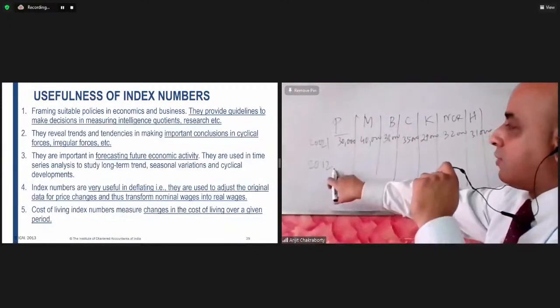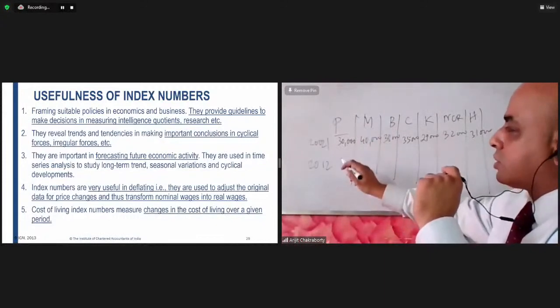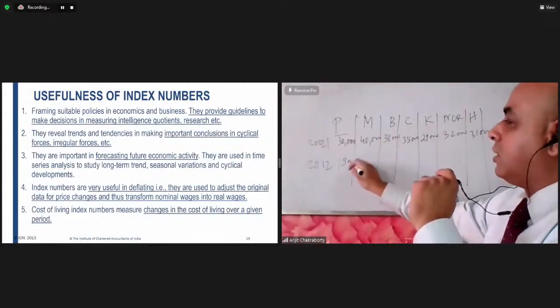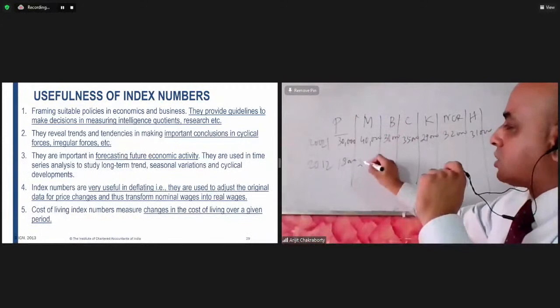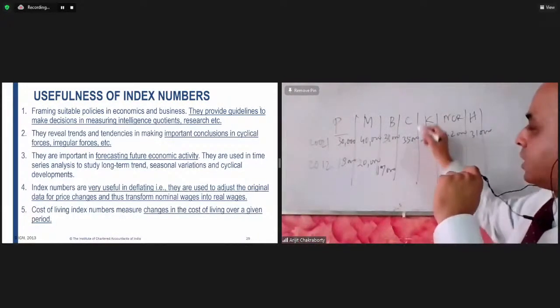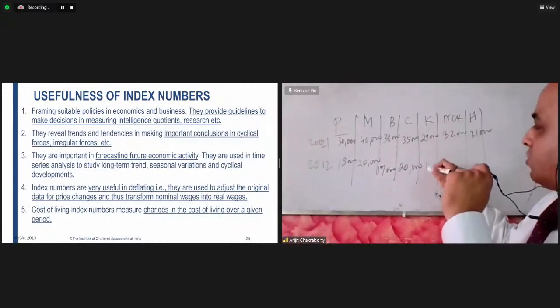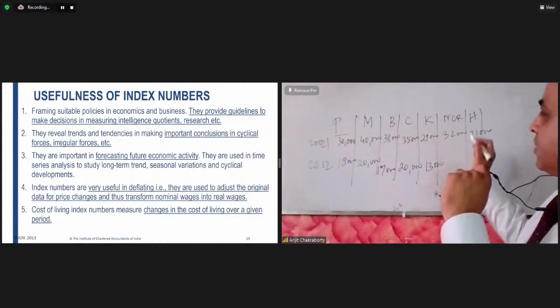So for 2012, if we are having a cost of living amount, say Pune was 18,000, and Mumbai, say, it was 20,000. Bangalore, again, let me take it as 17,000. Chennai was somewhere around 20,000. Kolkata was around 13,000.